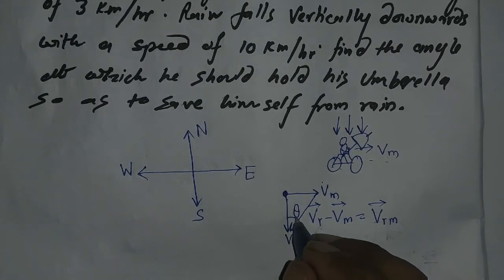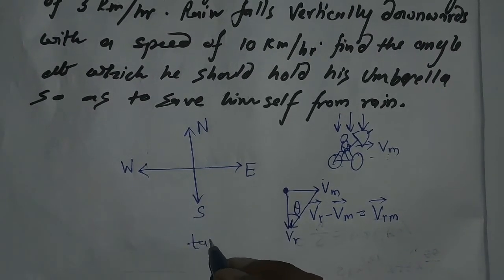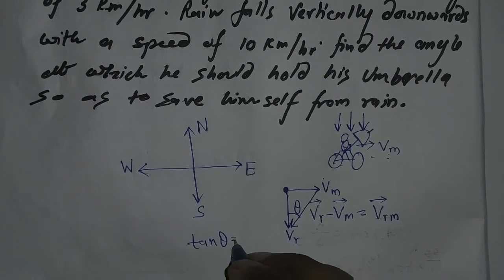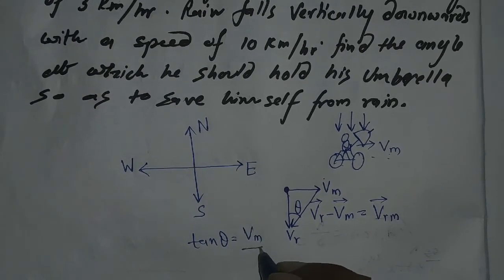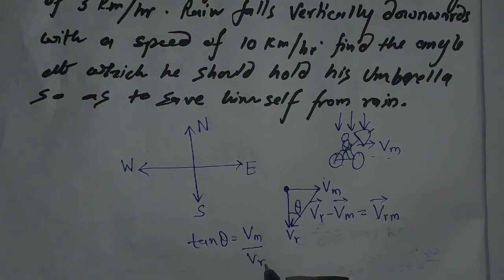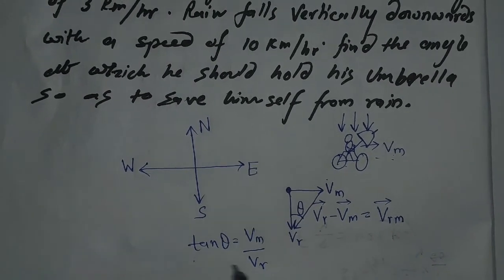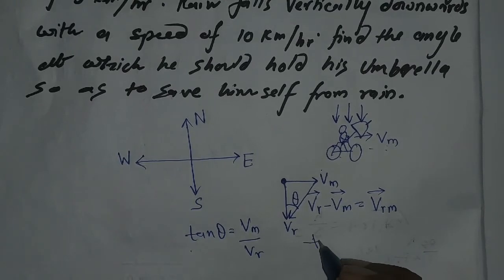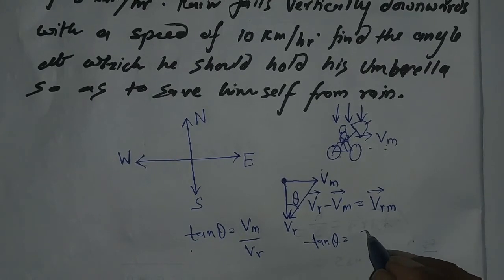So this theta we will have to calculate. For that we just apply tan theta. Tan theta is equal to what? Perpendicular upon base, Vm by Vr. Students, Vm is given to us. Vm is 3, so tan theta is 3 by 10.